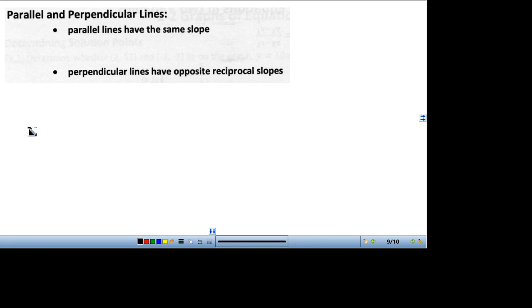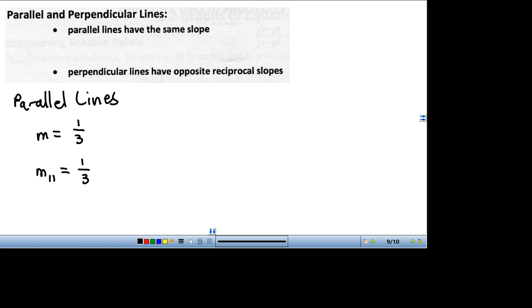If I have parallel lines, and if I have a line and I tell you the line has a slope of 1/3, then the line that is parallel is going to have the slope of 1/3.